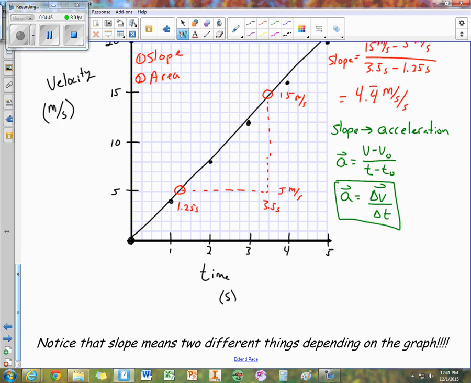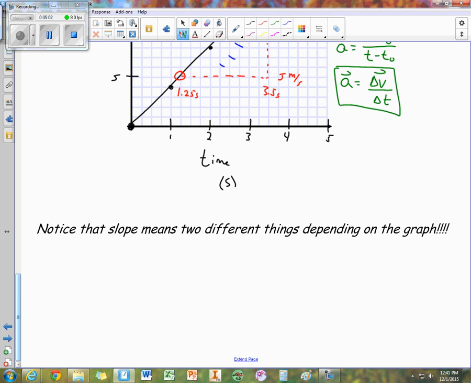Area. If I were to take a look at the area under this line here, well, again, this is a triangle, so it'd be like 1/2 base times height. So it would be a meter per second times a second. That's a meter.